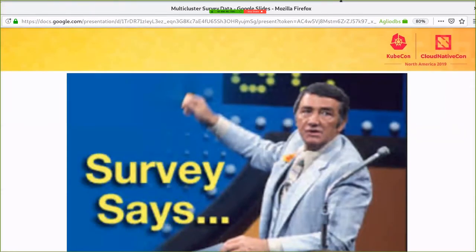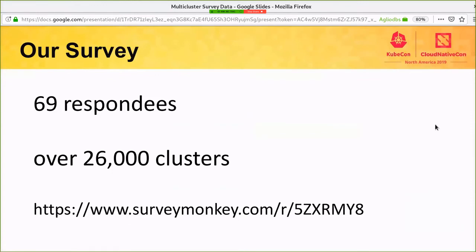Okay. So we did a survey of as many people as we could reach. About 69 responding parties so far. The survey is still technically open, although we got basically 2 surges of responses, once when we initially announced the survey, and the second time after KubeCon San Diego, after we had the SIG Multicluster session there.